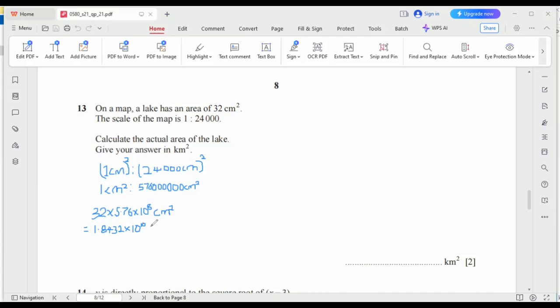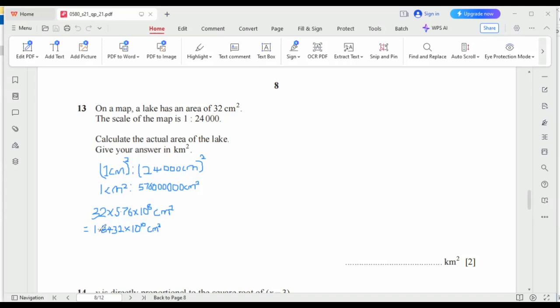And for some of you that are not too good with working in standard form, I apologize for the way I am writing it, but I believe this would also serve as a refresher for you when you're learning standard form. So basically it's 1.843 and then there are 6 more zeros behind.